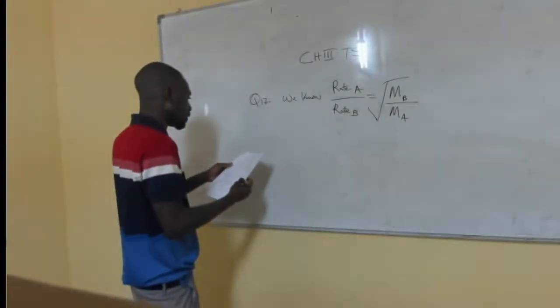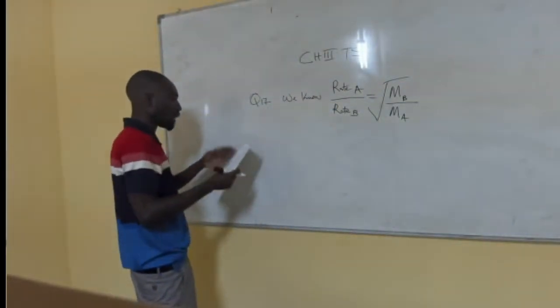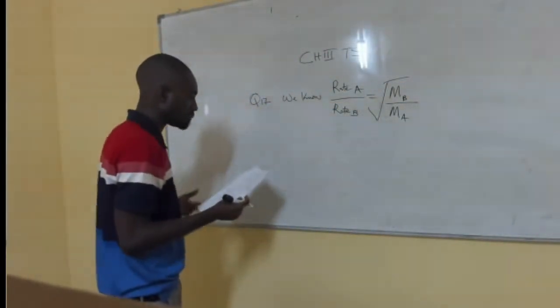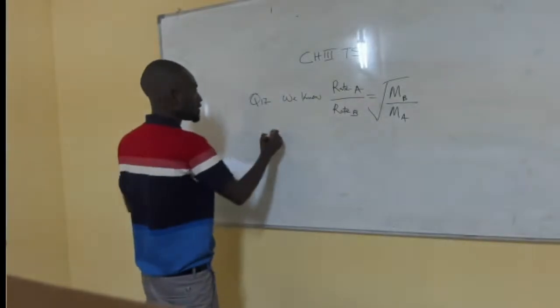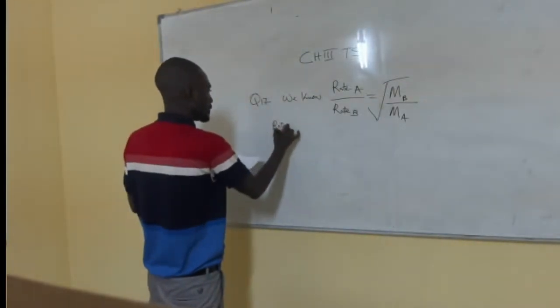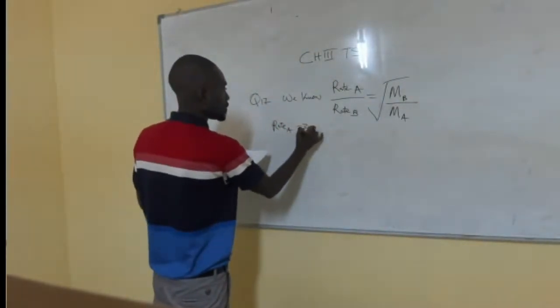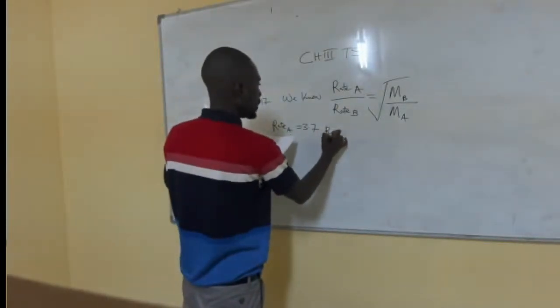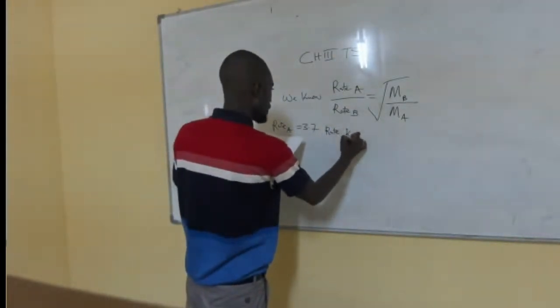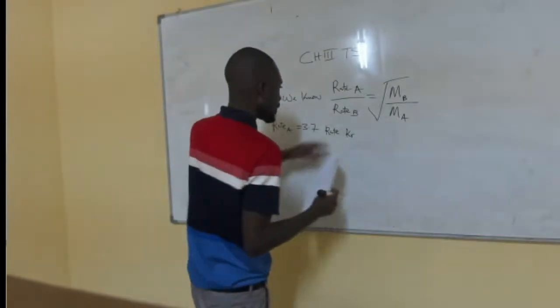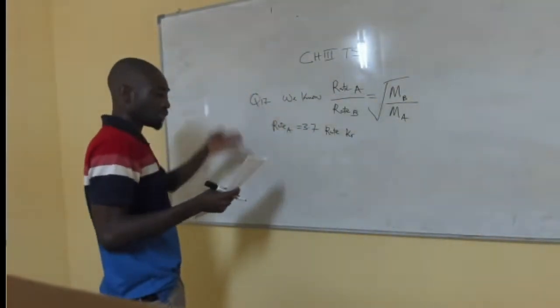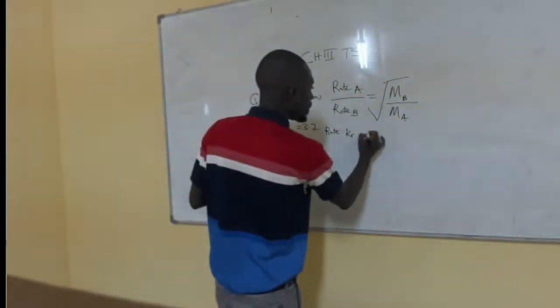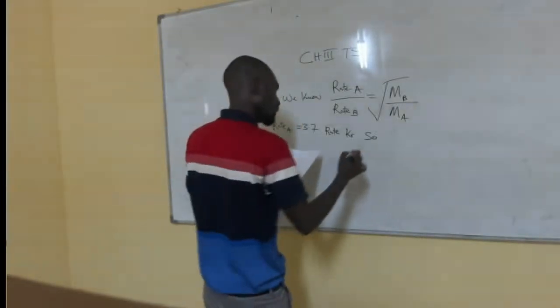This formula is very crucial as regards calculation. I'll give you some simple tips. Rate A over rate of Kr equals 3.7, which they have given you as the rate for krypton. Krypton is found on the periodic table with the chemical symbol Kr, so you need to be observant as you look at it.